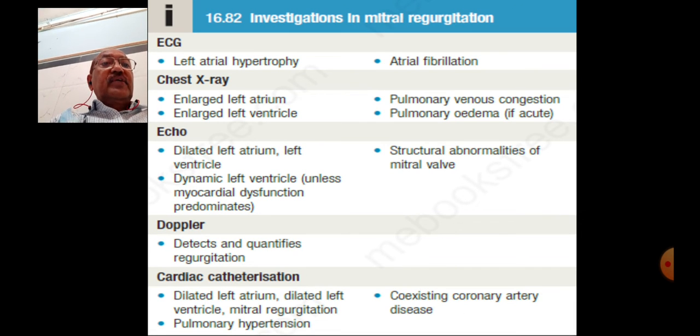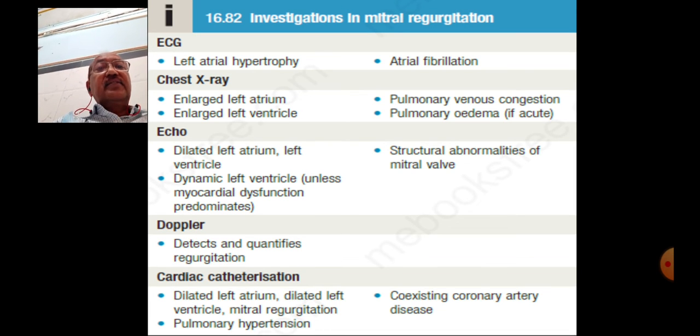Of course, the investigations which are required: ECG usually reveals left atrial hypertrophy and atrial fibrillation. Chest X-ray: cardiomegaly, enlarged LA, pulmonary venous congestion, and sometimes pulmonary edema. Echo, of course: dilated LV, LA, and we have got the structural abnormalities of the mitral valve.